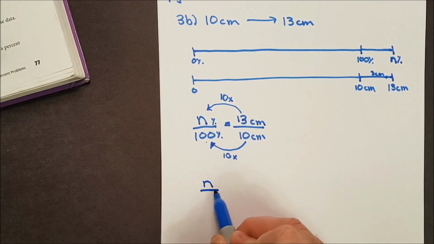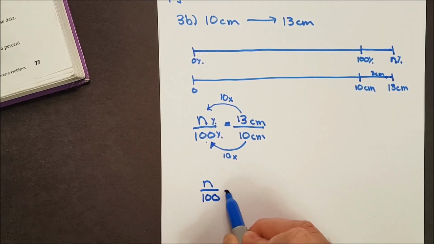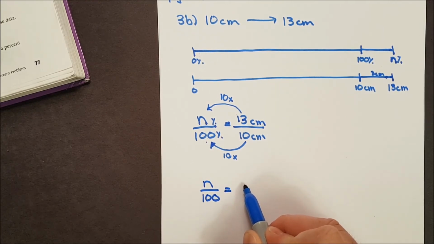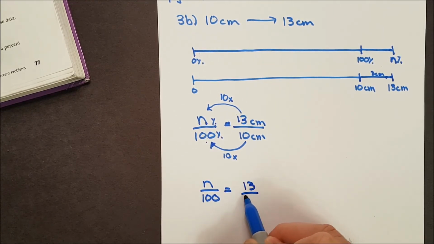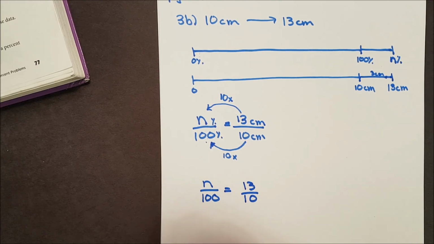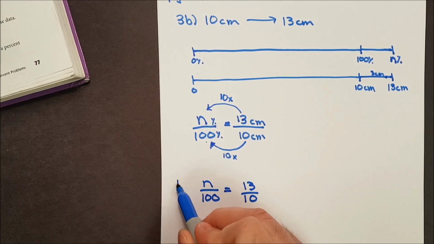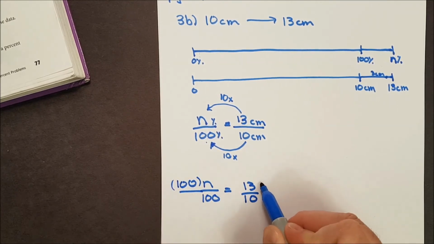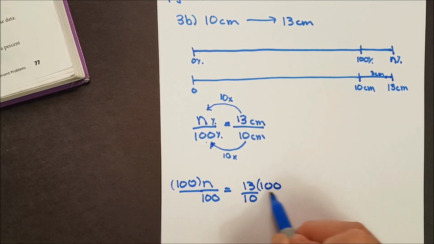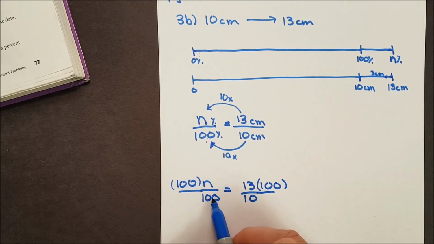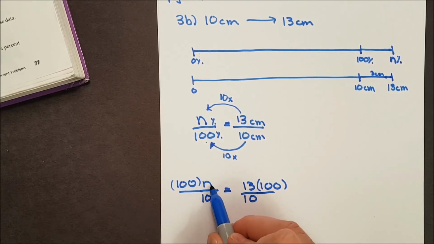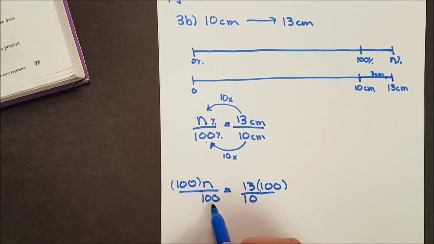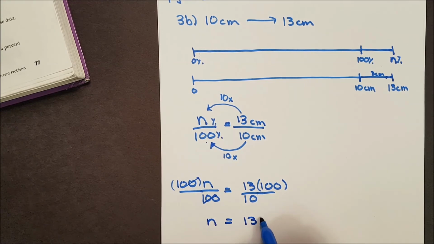So n over 100 equals 13 over 10. Now we need to isolate n, so let's multiply each side by 100. Remember, what you do to one side, you need to do to the other. Here, our goal is to have n all by itself. So 100 divided by 100 is 1. So we have 1n equals 1300.